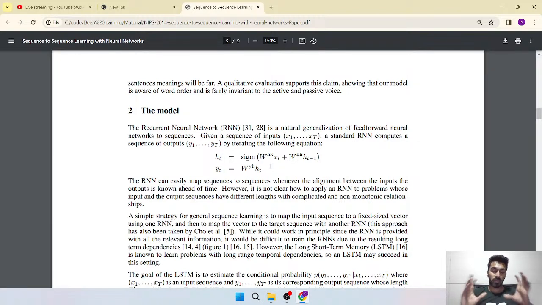That's why we need a model which is able to predict like this. So the researchers came up with "Attention Is All You Need".